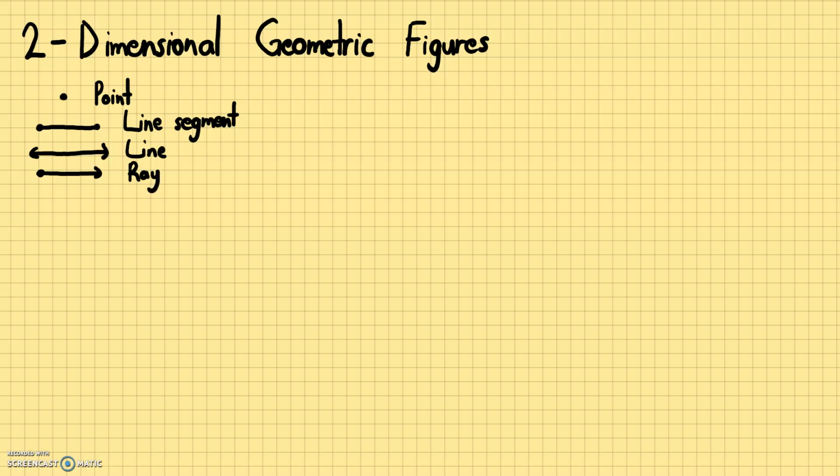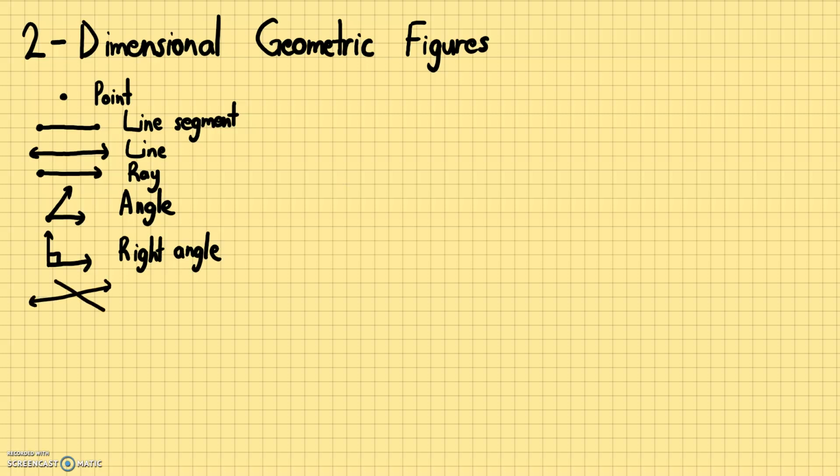And if you join two rays together, it became an angle. And then it's a special kind of angle where you can fit a little square in between. It's a right angle. Then we had two lines that cross each other, which are called intersecting lines.